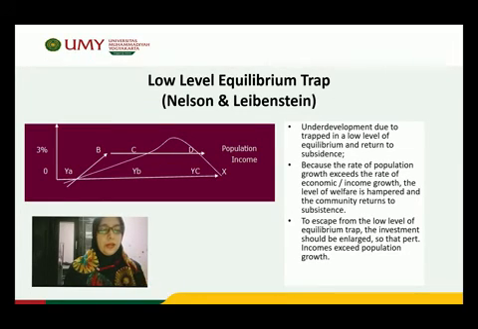Because the rate of population growth exceeds the rate of economic or income growth, the level of welfare is hampered and the community returns to subsistence. To escape from the low level equilibrium trap, the investment should be enlarged so that income per capita exceeds population growth. That is how Nelson and Leibenstein explain the low level equilibrium trap.